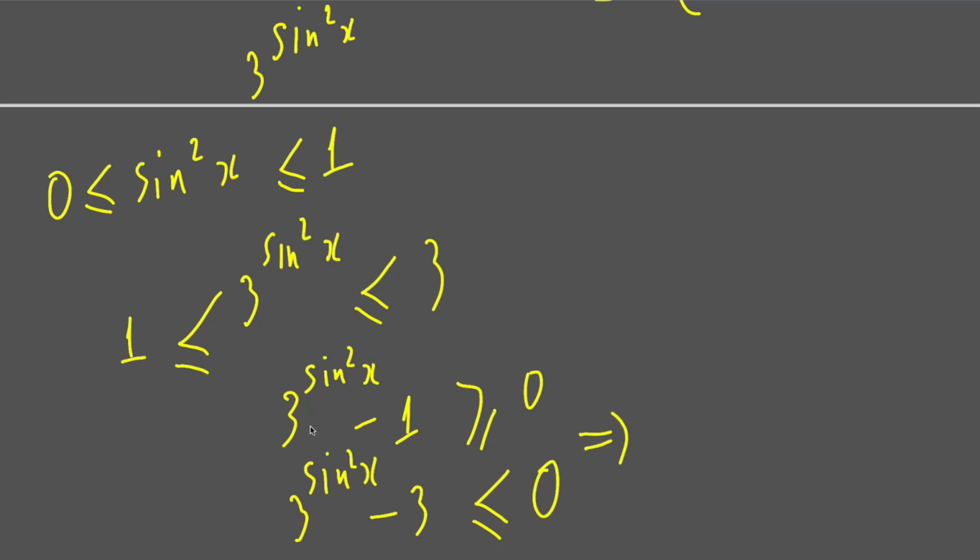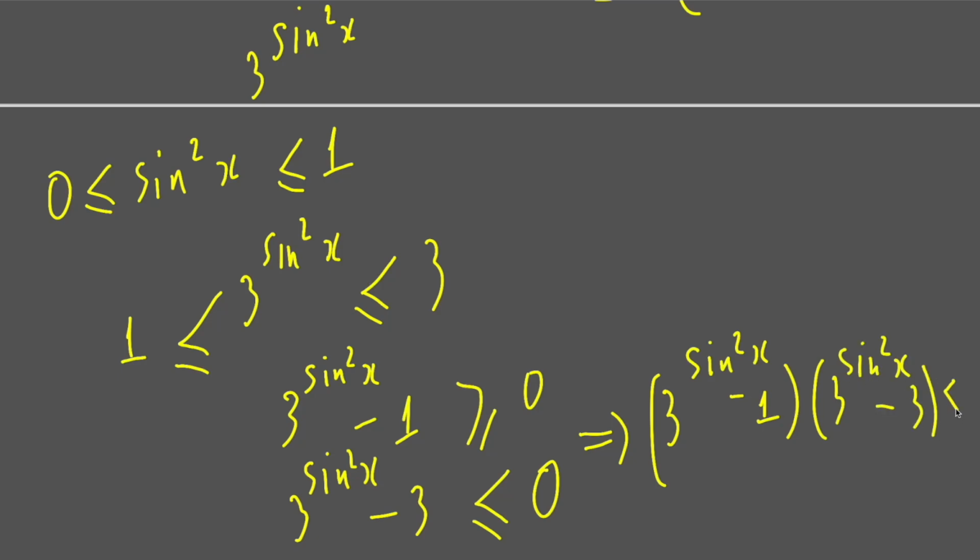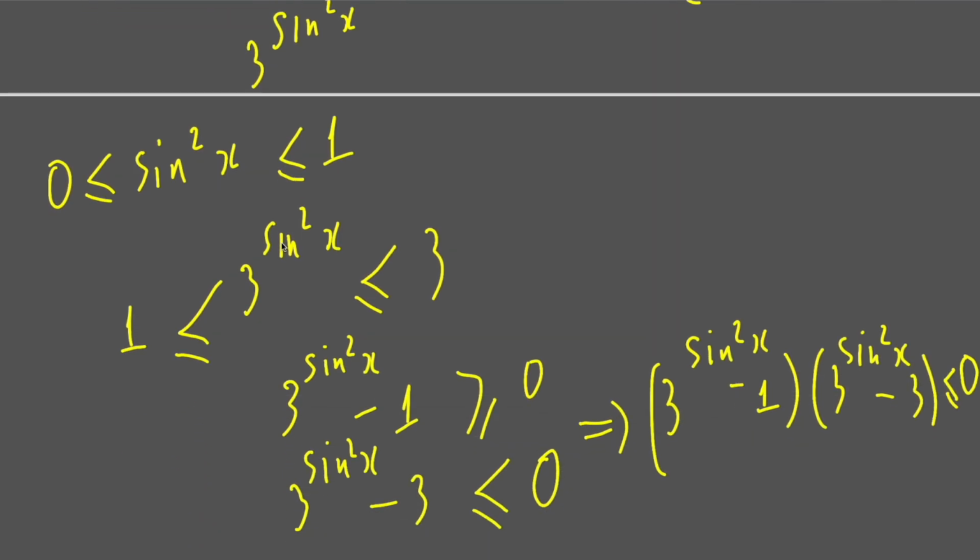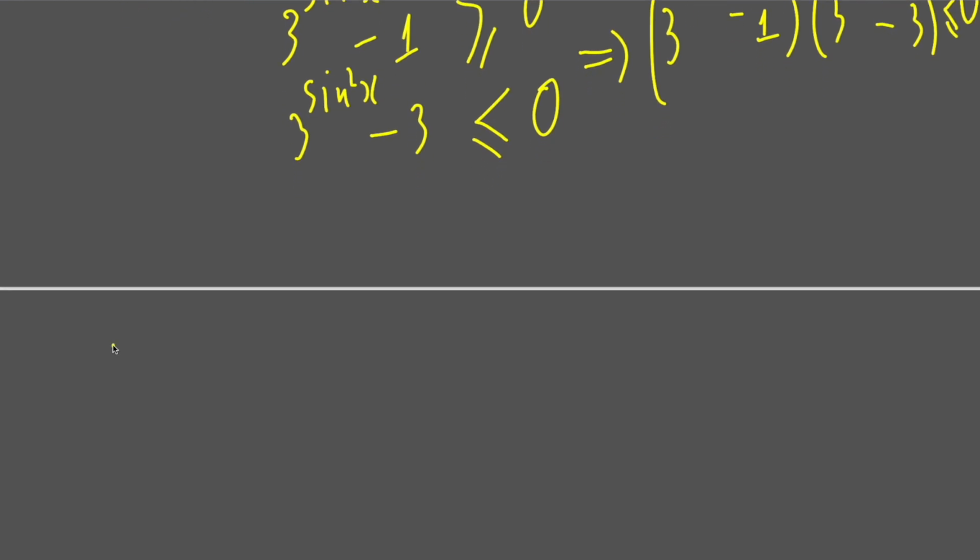Then the product of these two expressions should be smaller or equal to 0. Obviously, the left hand side should be equal or smaller than 0.